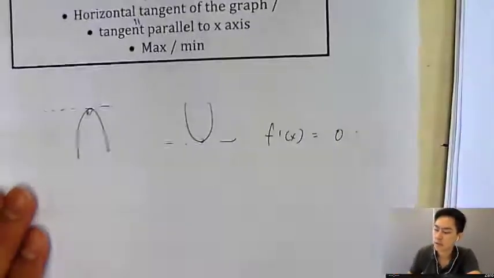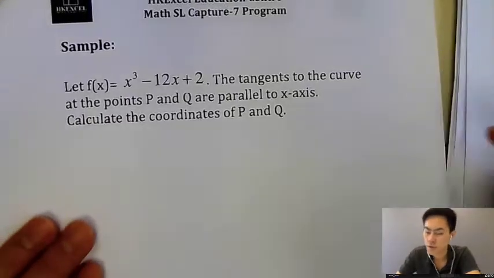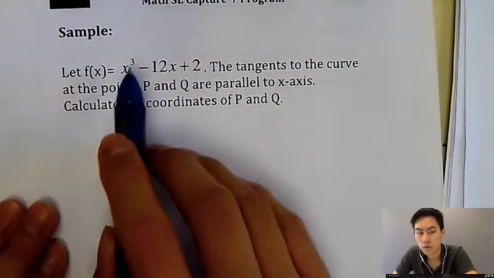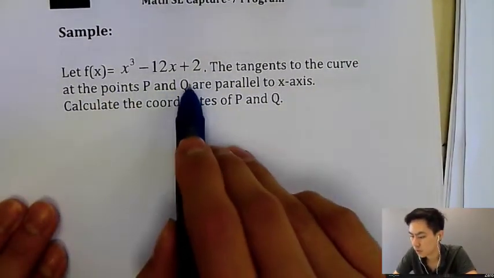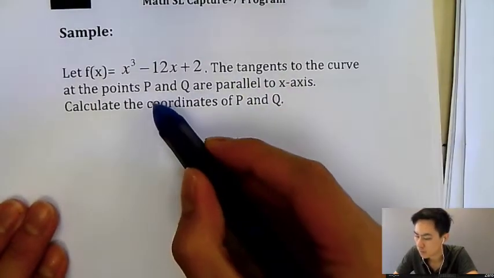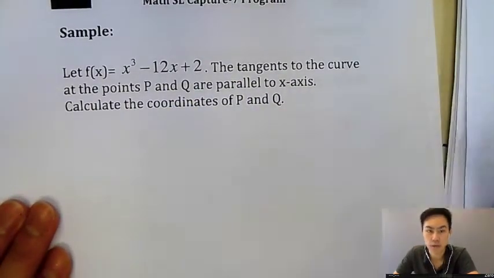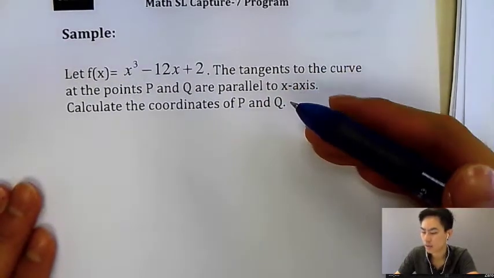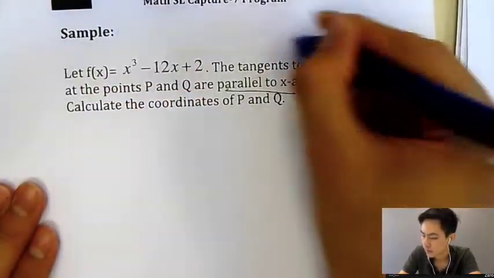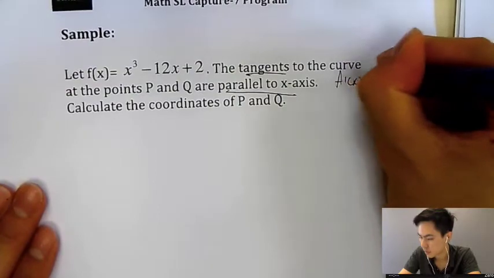Let's look at the questions. Sample question right here: f(x) equals x cubed minus 12x plus 2. The tangents to the curve at the points P and Q are parallel to x-axis. Parallel to x-axis means that f dash x must be equal to 0.